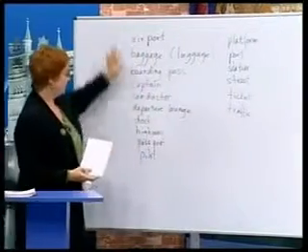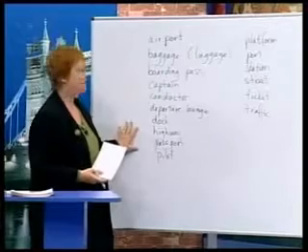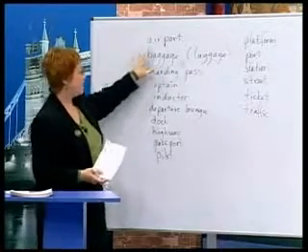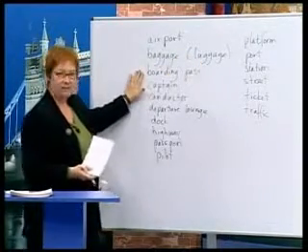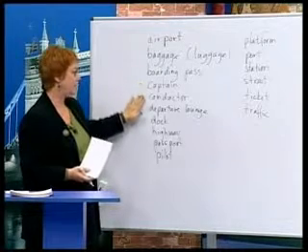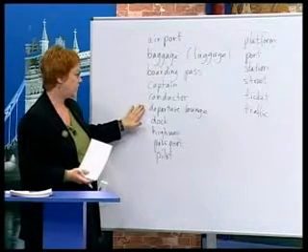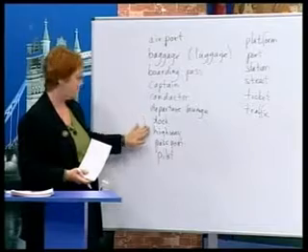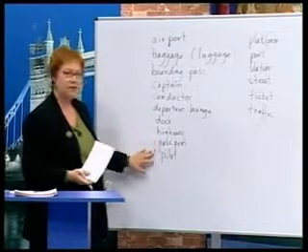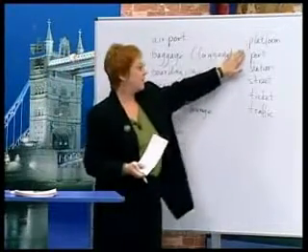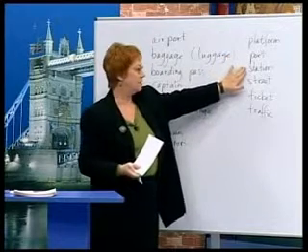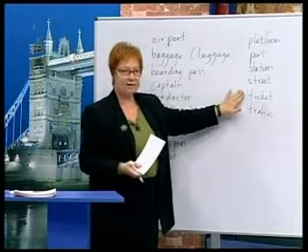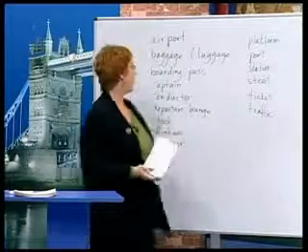Okay, so these are some words that you need for traveling. Airport, baggage or luggage, a boarding pass, the captain, the conductor, the departure lounge, dock, highway, passport, pilot, platform, port, station, street, ticket, and traffic.